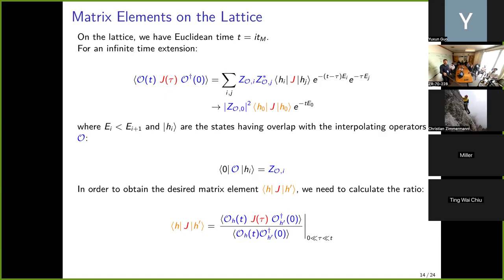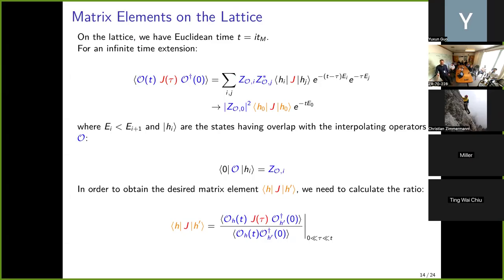And this is the current of interest. In our case, it would be a vector current and the topological charge. And now you can insert a complete set of eigenstates and consider time evolution, which involves the Hamiltonian.